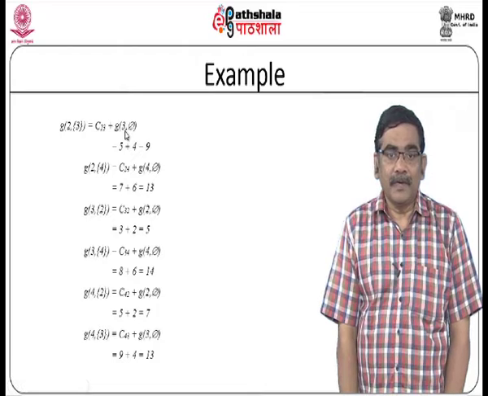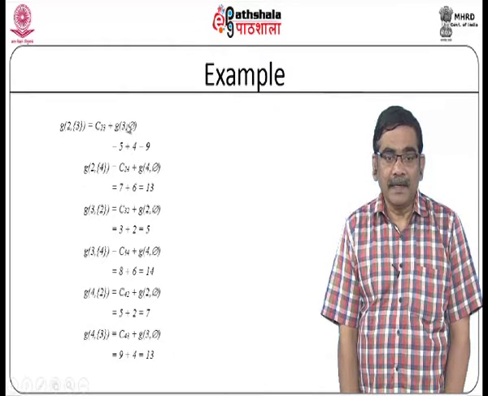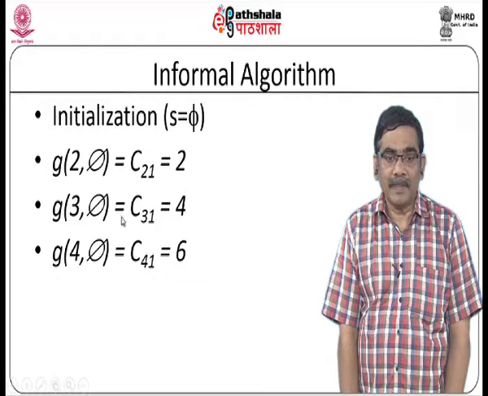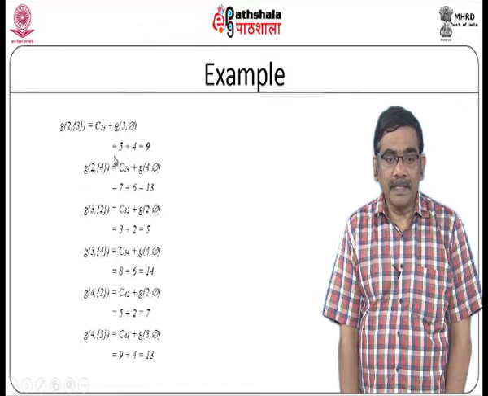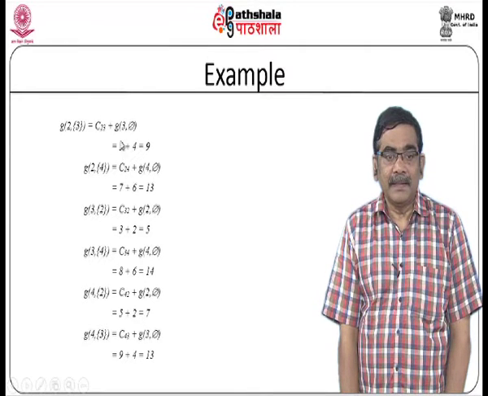Recollect the beauty of dynamic programming. g of 3 comma null we have already computed. So, all we have to do is plug this value here. The cost of 2 3 is going to be 5, then g of 3 comma null is 4, therefore, it is going to be 9.